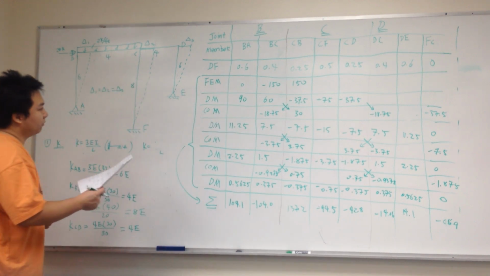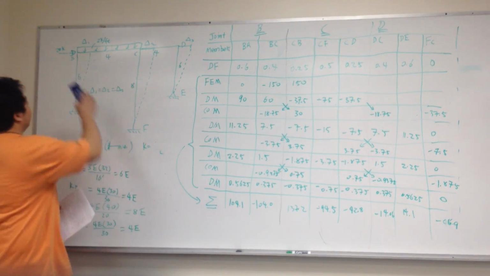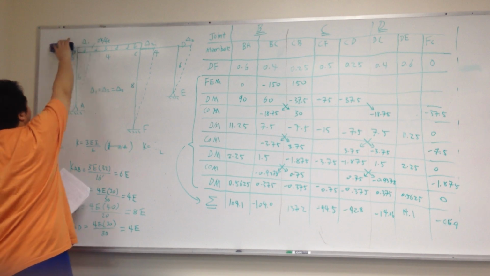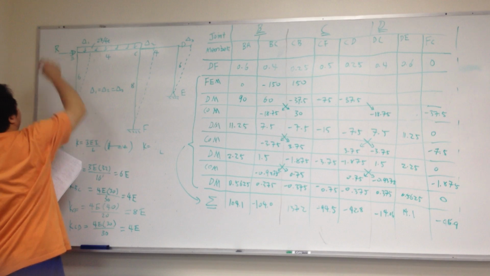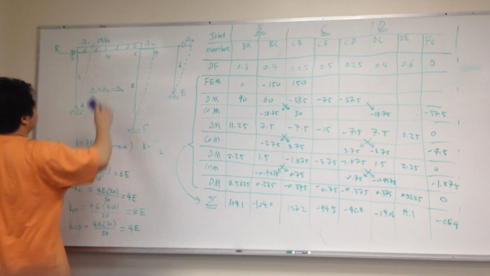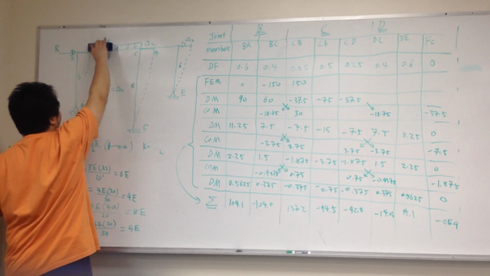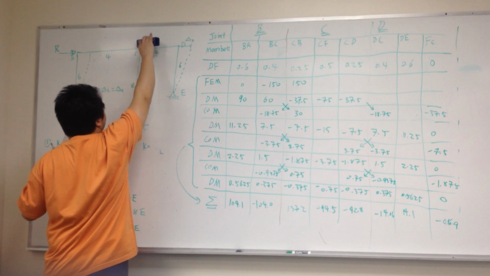So for fixed end moment, you're going to use different formulas, because right now, you only consider this force over here, and it's not a number. You just put a R as a force, and you cancel all, you erase all the force. So you remove the load.